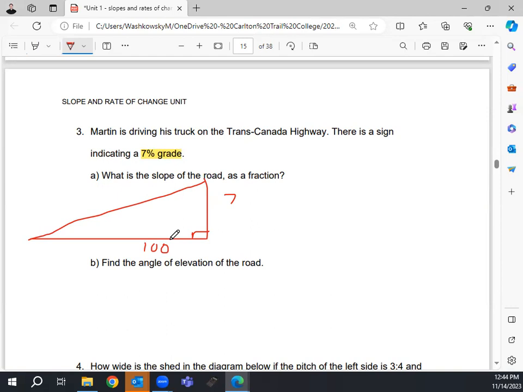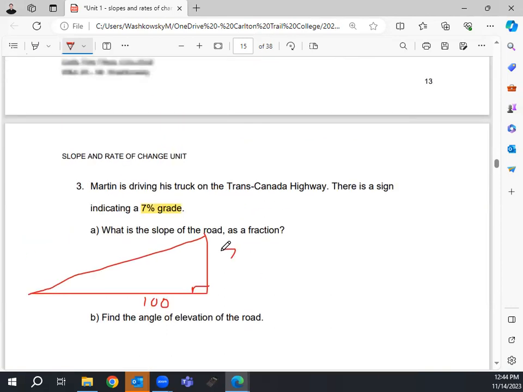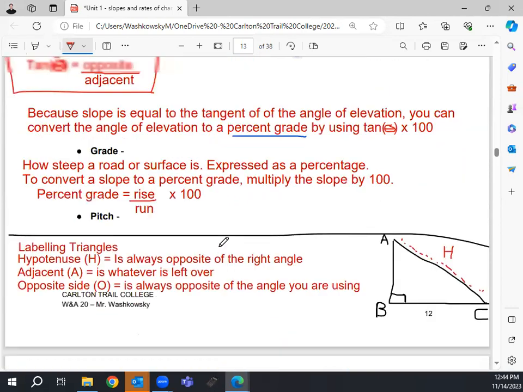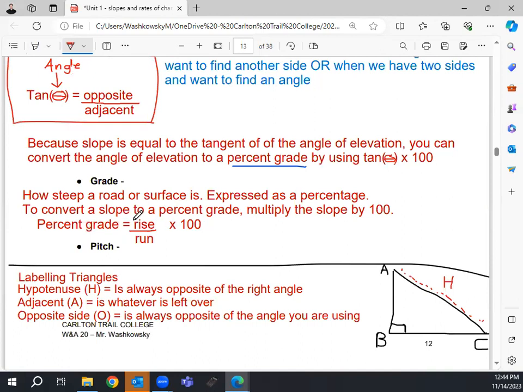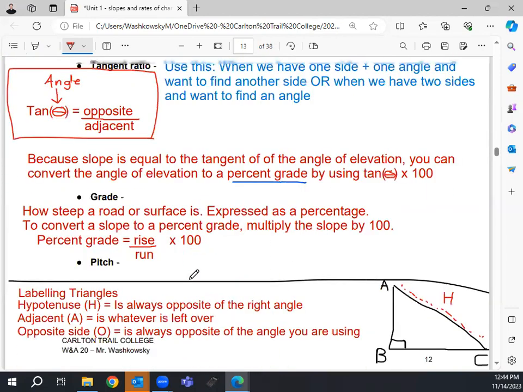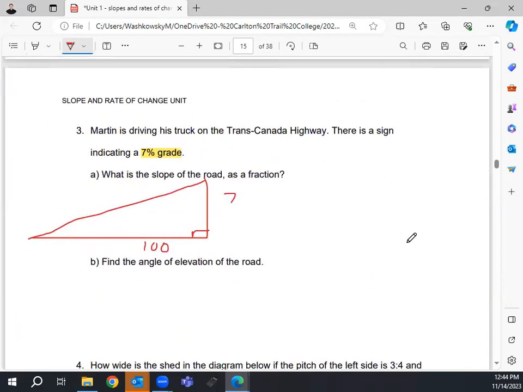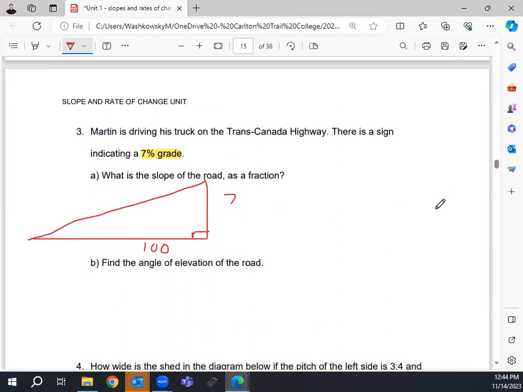Is that making sense where I'm getting those numbers from? All I'm doing is the opposite of what we did up here. To convert a slope to a percent grade, I multiply it by 100. If I'm doing it the other way, 7%, well, percent, you do not need to write this down, but I'm going to be referencing this a lot.